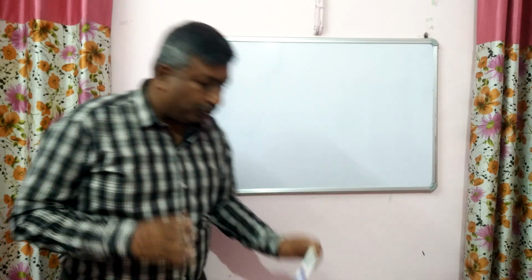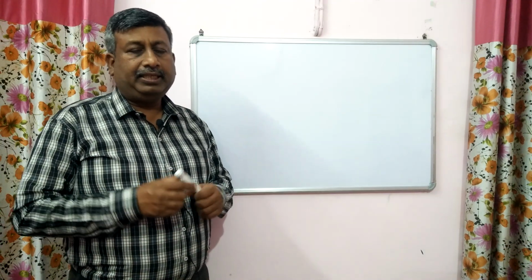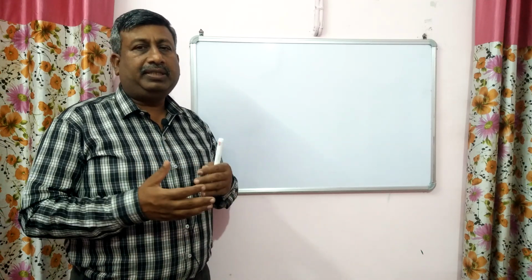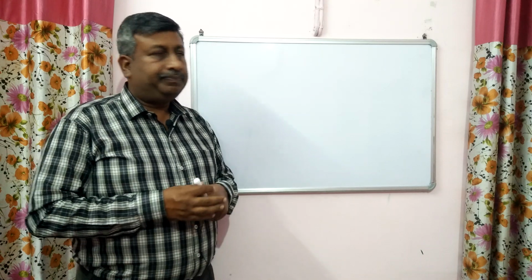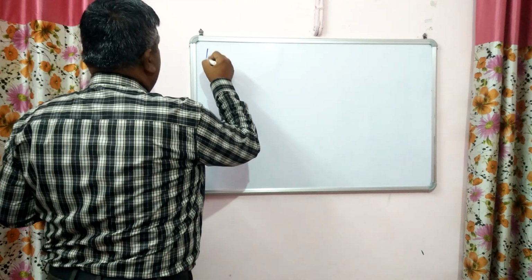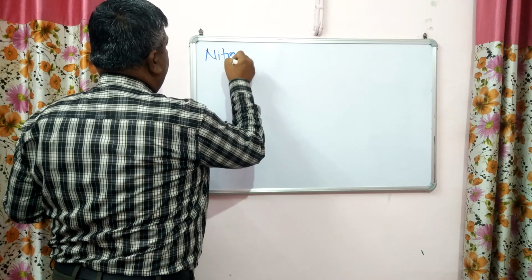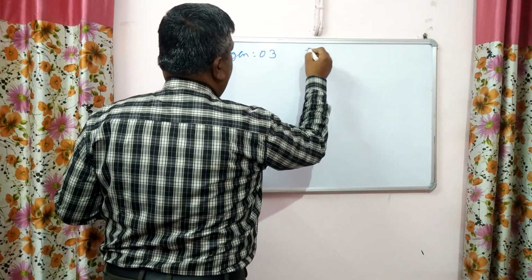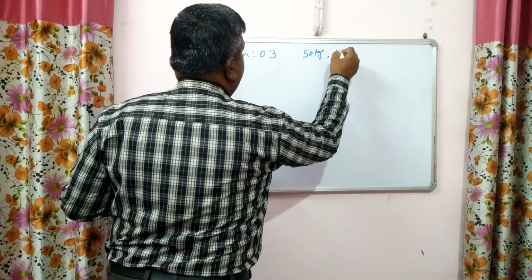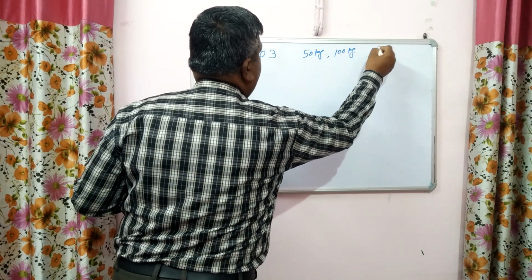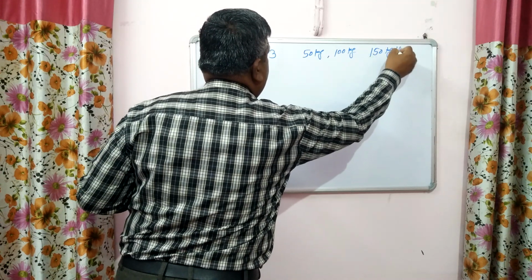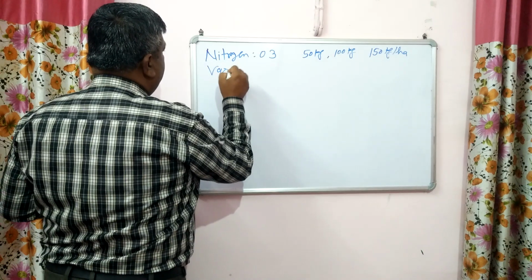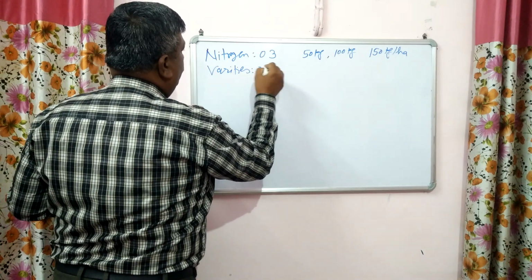Suppose there are two factors, nitrogen and variety, and we can test this variety and nitrogen in Factorial RBD as well as in split plot design. So suppose there are three nitrogen levels, for example 50 kg, 100 kg and 150 kg per hectare, and suppose four varieties.